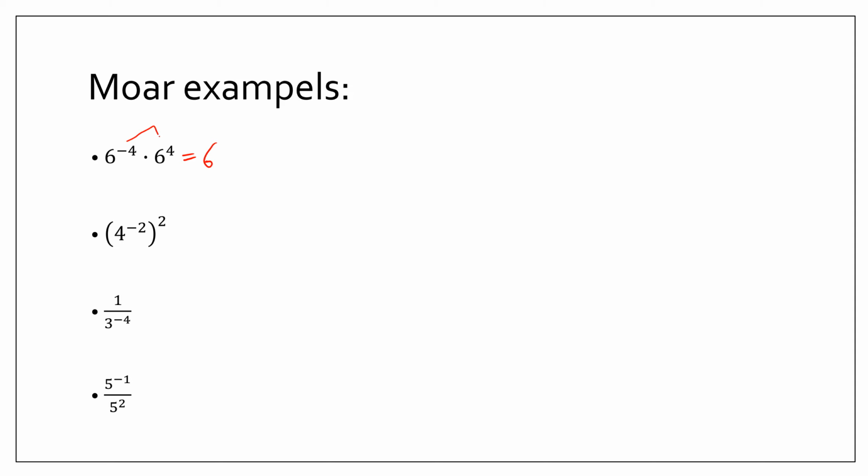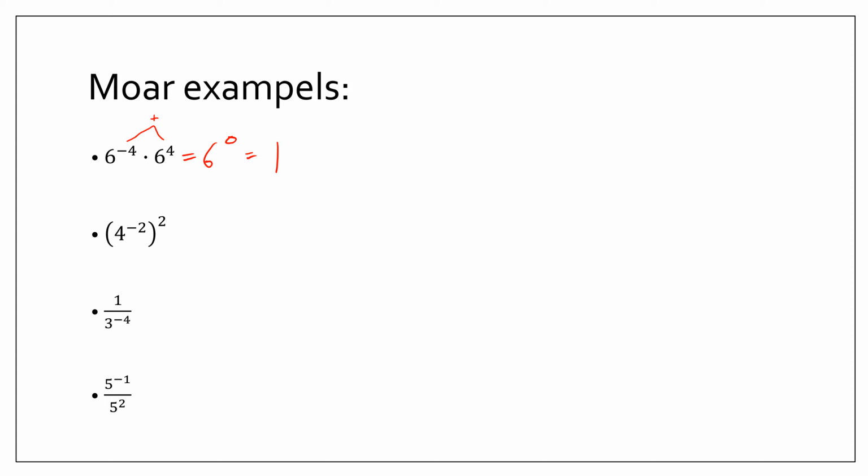Well, I need to add those exponents. What's negative 4 plus 4? It is 0. And what's anything to the 0 power? Well, it's 1. So I don't even really need to worry about the fact that this is negative, except that when I do the addition, negative 4 plus 4 is 0. So how did I get the 0? I added the exponents because this is a product of powers.